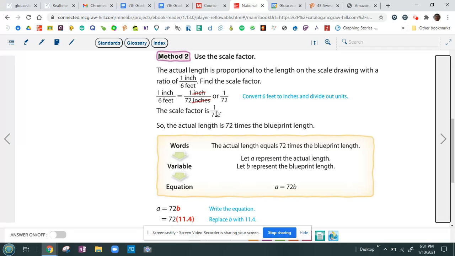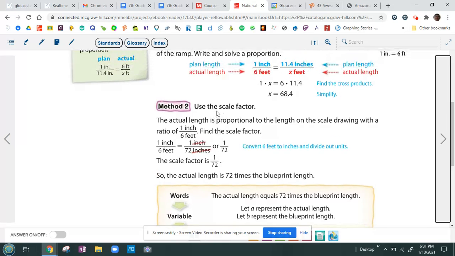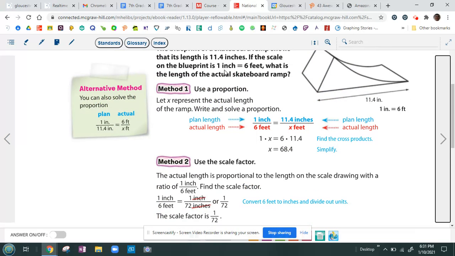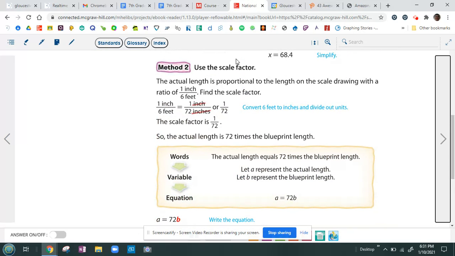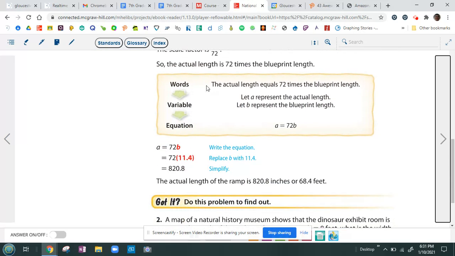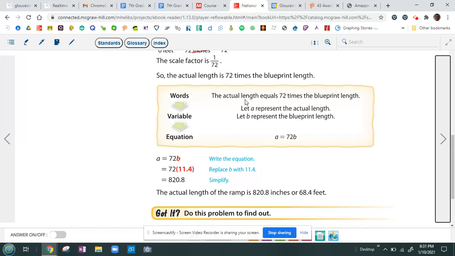So if we have a length given to us of 11.4 inches, all we'd have to do is multiply it by that 72 to get the answer. They're writing an actual equation for it, just like we have in the past, where if we can find that multiplier in a proportional relationship, we can write an equation.